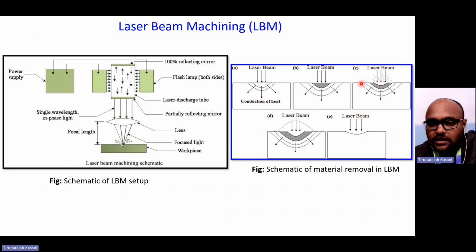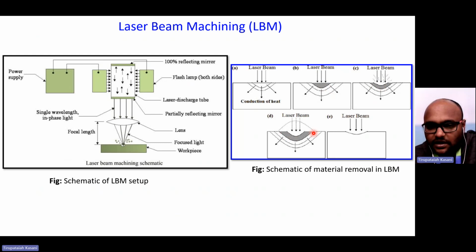Here this is the amount of material that is melted. Here the further melting of the metal is stopped, and the region exposed to the laser beam is increased now, a little bit from here to here, and further from here to here.